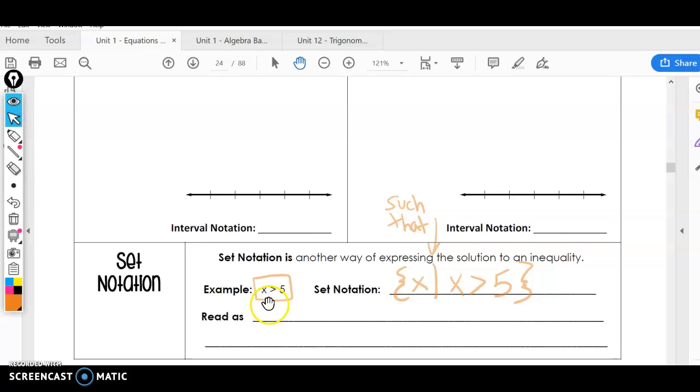And this is read as x such that x is greater than 5.